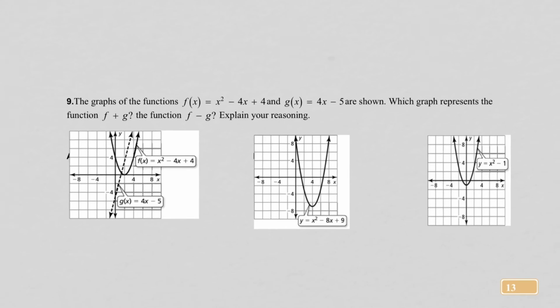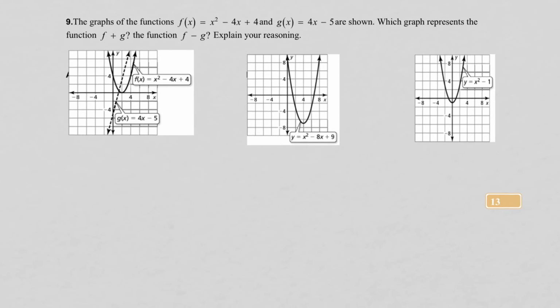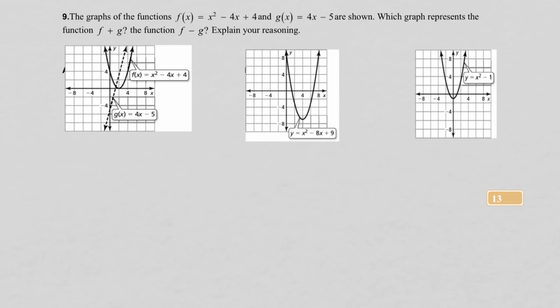Finally, we're going to look at this as a graph, and this says that the graphs of the function f of x, which is, let's see, f of x is this first one right here, this parabola, right there, tells us what that is. That's what the graph of that looks like.